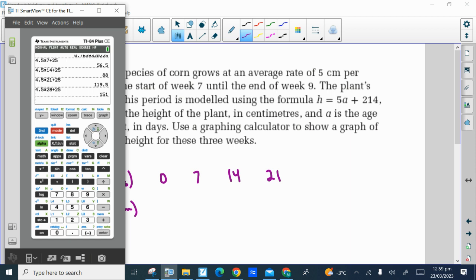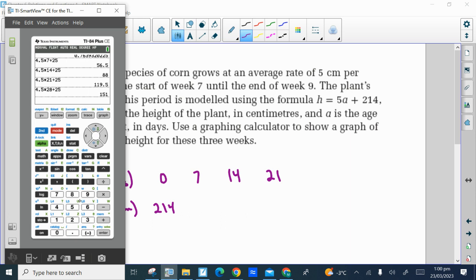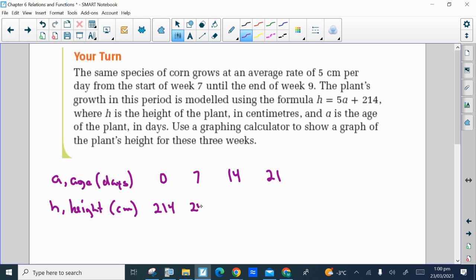First, when a is 0, well, the equation is 5 times a. 5 times 0 is 0, plus 214 will give us 214. When a is 7, we need to go 5 times 7 plus 214. Our height is 249 centimeters.